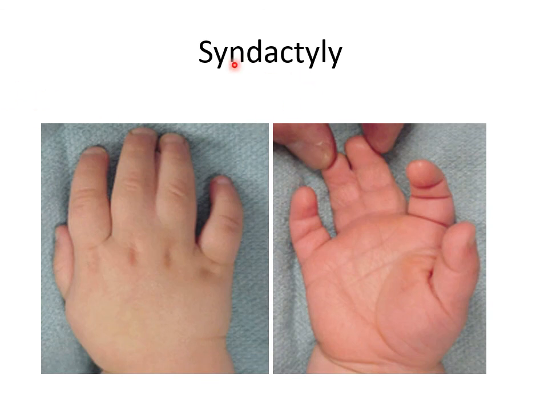This is called syndactyly, fusion of two digits together, and this is due to abnormality in the process of apoptosis in the apical epidermal region. So syndactyly with fused digits results from failure of apoptosis between the digits.